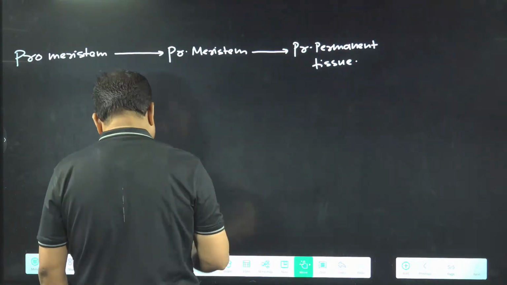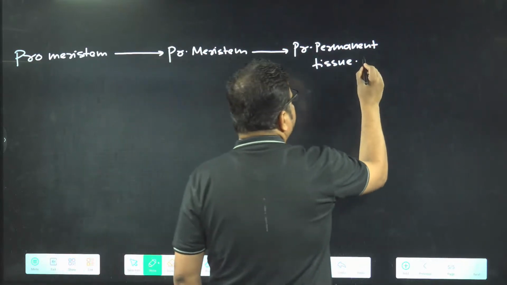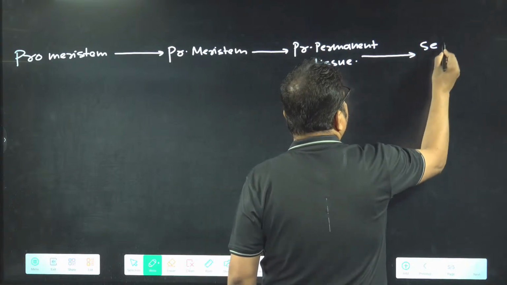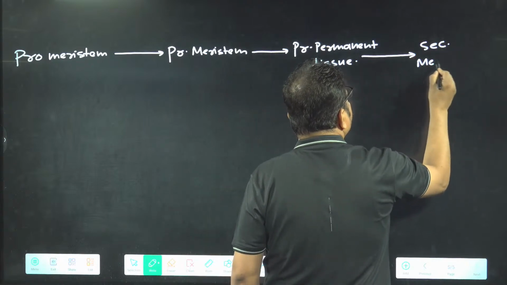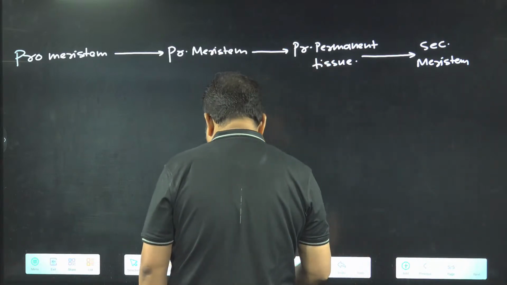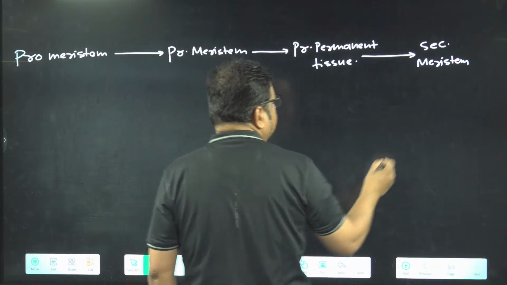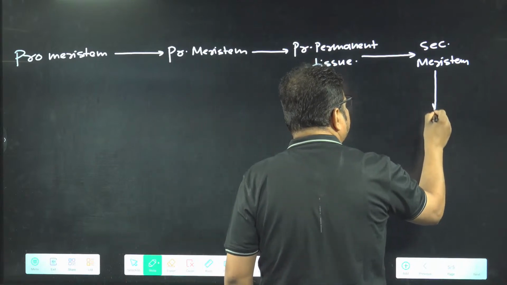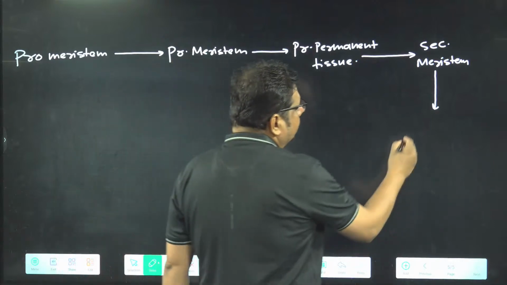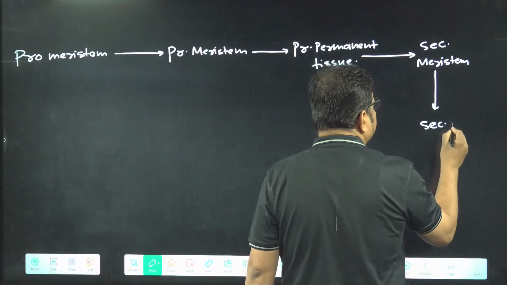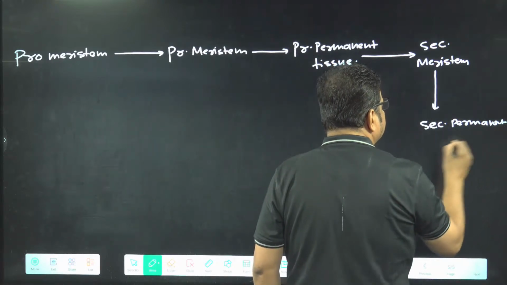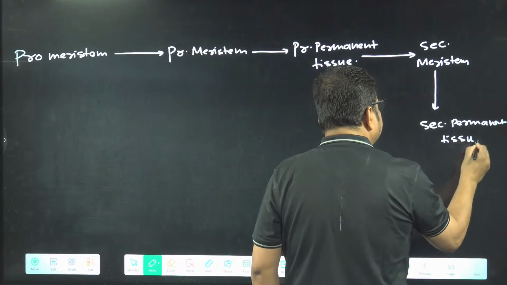Primary meristem. And primary permanent tissue may convert into secondary meristem. These are the sequence of origin. Don't get confused. And these secondary meristem form secondary permanent tissue. You got the idea?